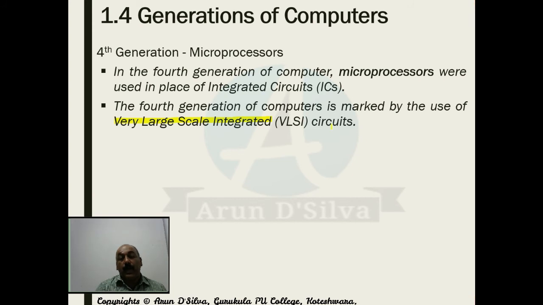And that is why the computer became so fast and very famous. There are many tasks it used to execute in a fraction of seconds. And that is what today we are using as computers. Such types of computers are there. In our lab also we are using those which belong to the fourth generation.